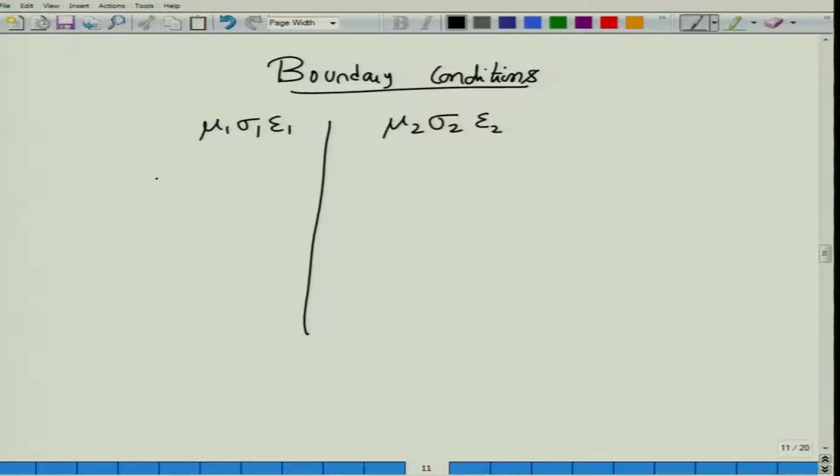We have solved Maxwell here, and Maxwell tells us that the fields here are given by the vector quantities E1, H1, D1, B1. You can also have a J1 in case you wish to talk of the continuity condition for J, but for now we will not worry about J.